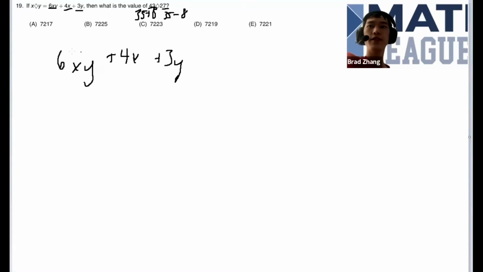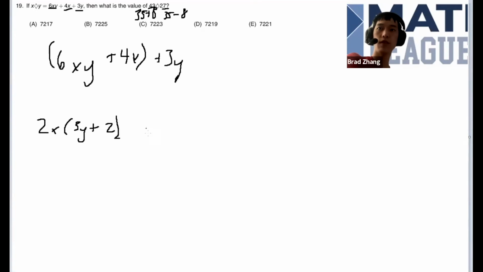What do I mean? Well, let's take 6xy plus 4x. What is the greatest common factor of this? Well, you can write it as 2x times 3y plus 2. And then we still don't forget the 3y, right? What can we do? We can add 2 and subtract 2.